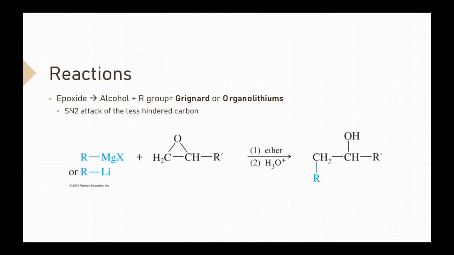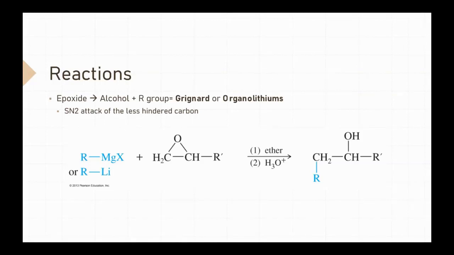Another way you can open up an epoxide is using a Grignard or organolithiums. Same concept where it will do an SN2 attack on the least hindered carbon, so kind of like basic conditions. Here it will just attack the least substituted carbon, which in this case is the one on the left.